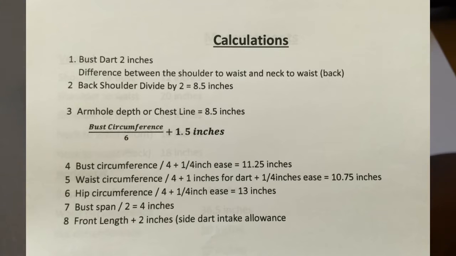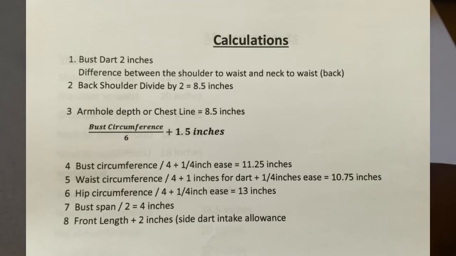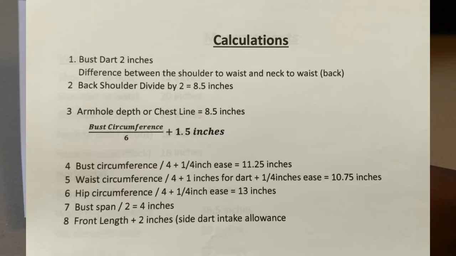And my bust span, which is 8, divide by 2, I'm going to get 4. By the way, the bust span measurement is the nipple to nipple measurement, okay? So that's the distance between the 2 bust points. Divide that by 2 and mine is 4 inches, okay?